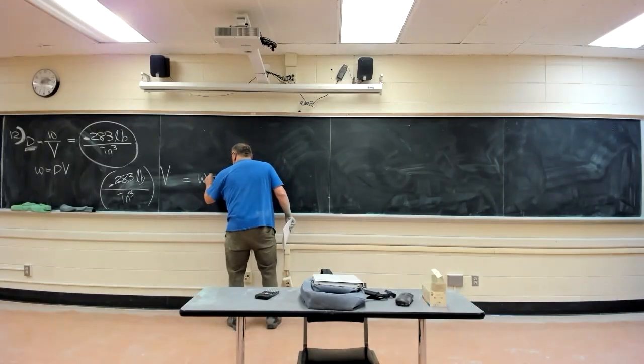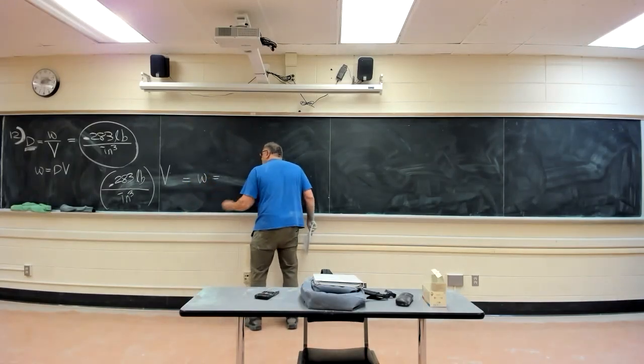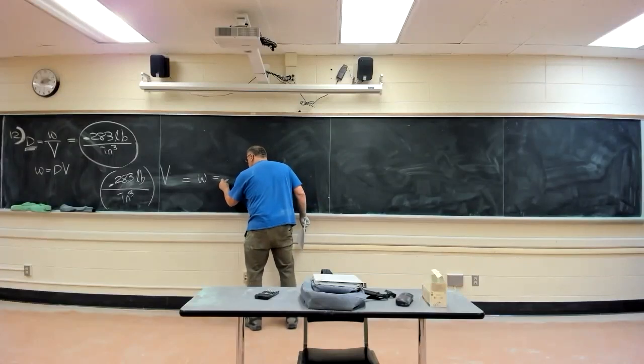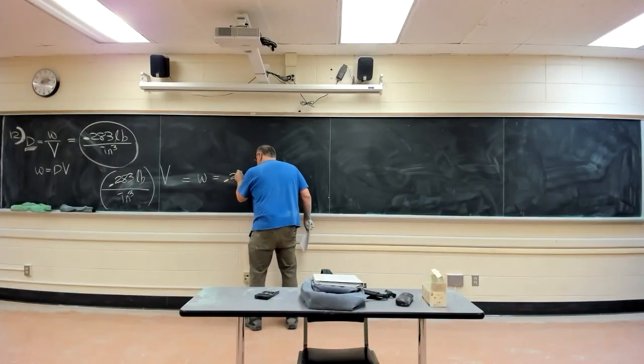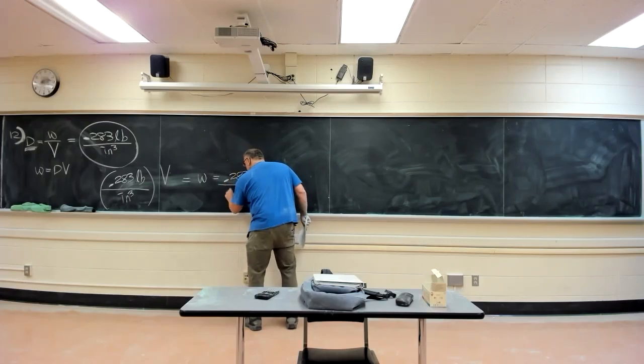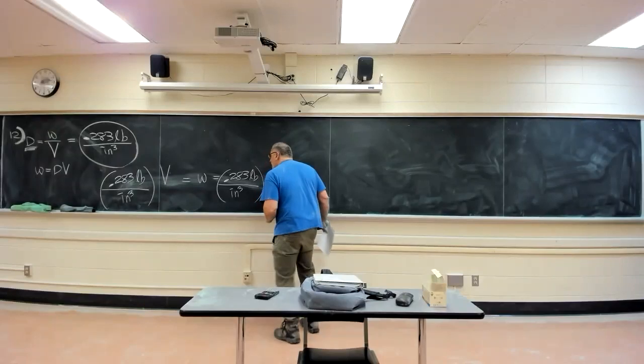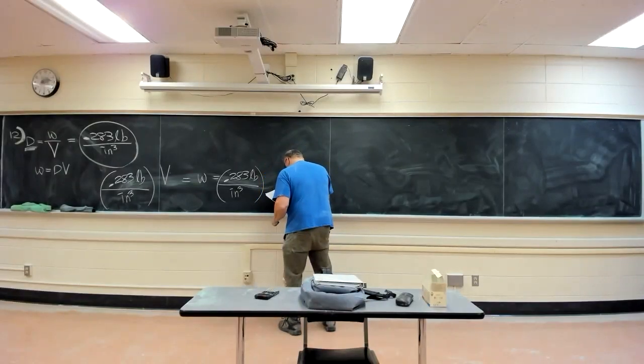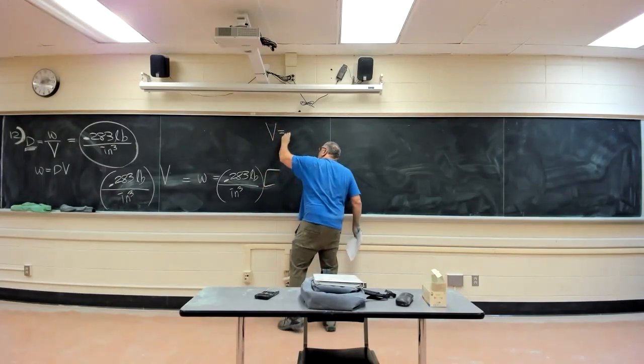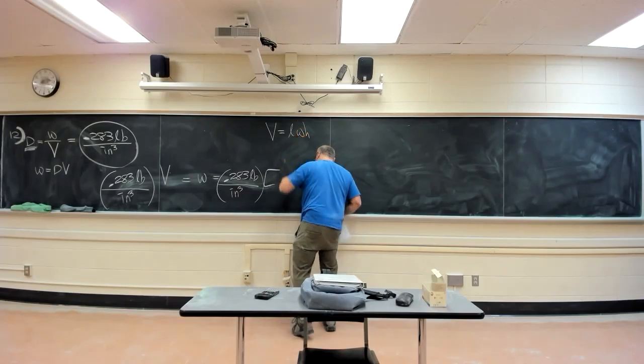Well, how does that work? 0.283 pounds times the volume, which is 5527.5. Remember, the volume of a box is length times width times height.